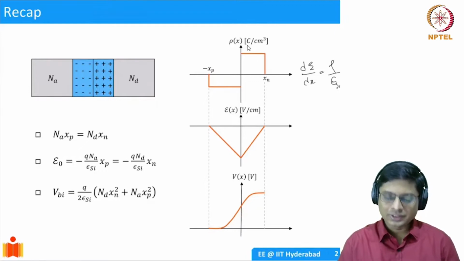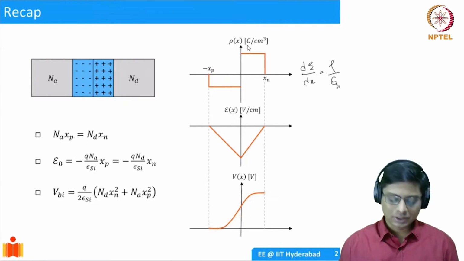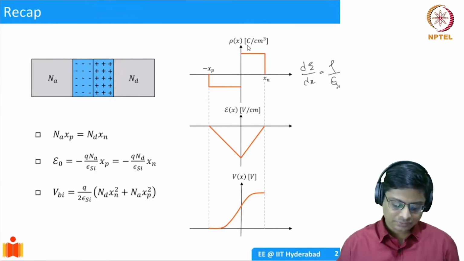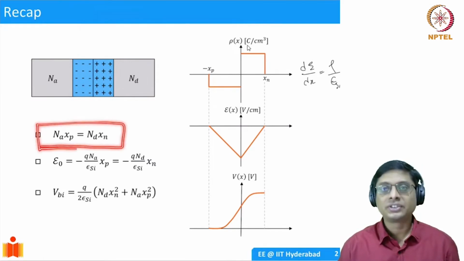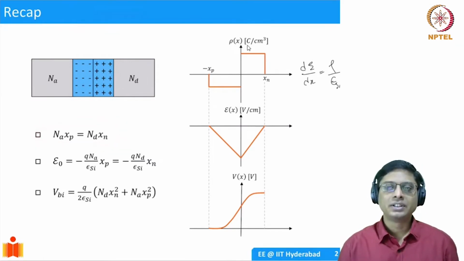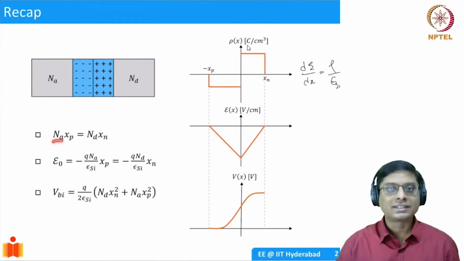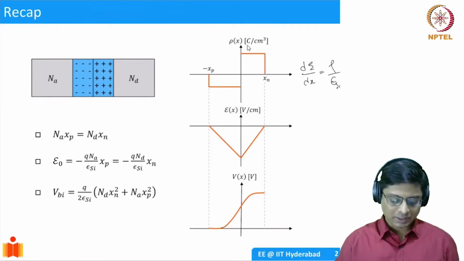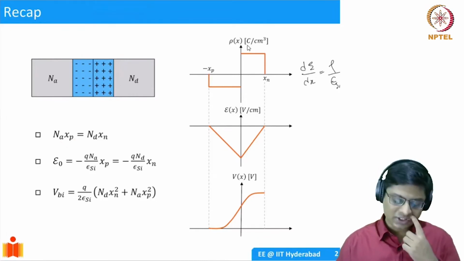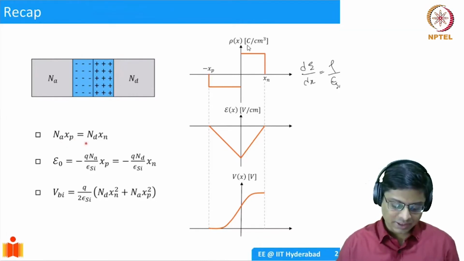So a few important things that I want you to note. The first one is that the product of the charge density times the depletion width is constant. For example, here in the acceptor region, the P-type region, the acceptor ion concentration multiplied by xp, that is the edge of the depletion width, will give you Nd times xn.